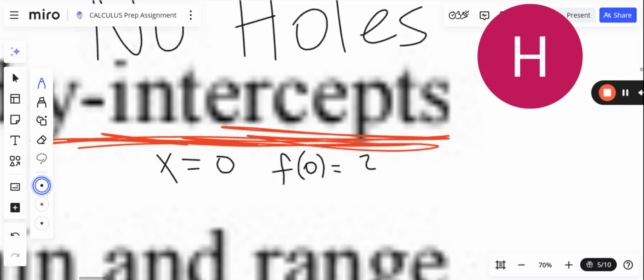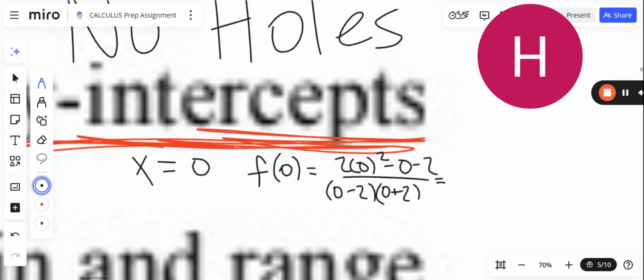You're going to have 2 times 0 squared minus 0 minus 2 over, what did we have? You could plug it into the x squared minus 4 and you just get 0 squared minus 4. But I'm going to plug it into the factored form. And then we're going to have 0 minus 0 minus 2. So negative 2 over negative 2 times positive 2 is negative 4. Therefore, our y-intercept is 1/2.